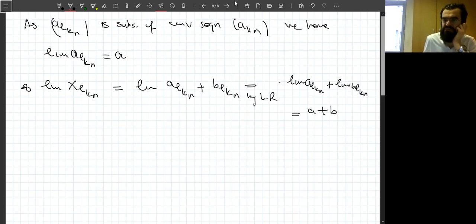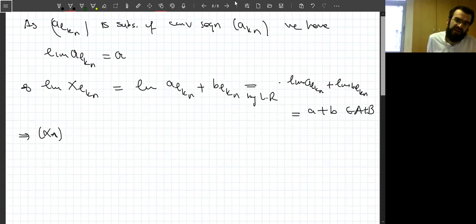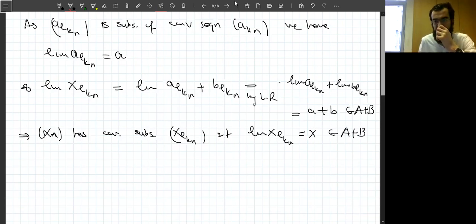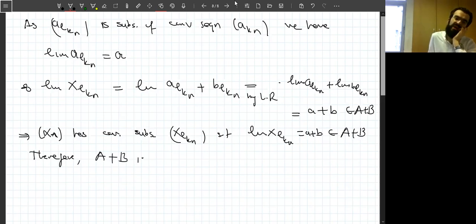This is a plus b. This implies x_n has a convergent subsequence x_{l_{k_n}} such that the limit is x, which belongs to A plus B. Therefore A plus B is compact.